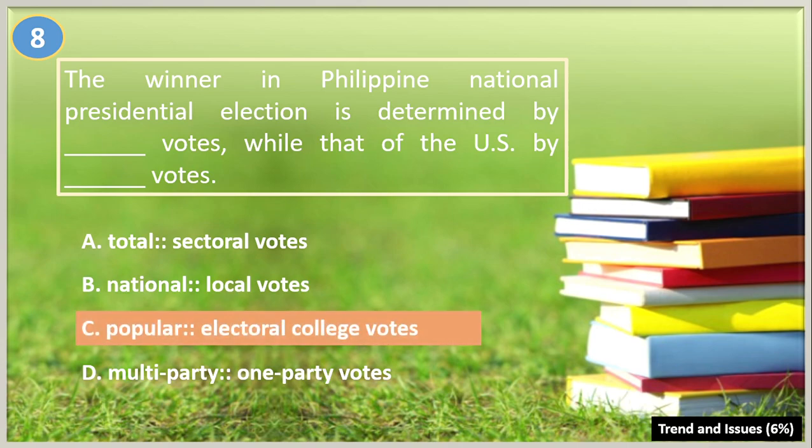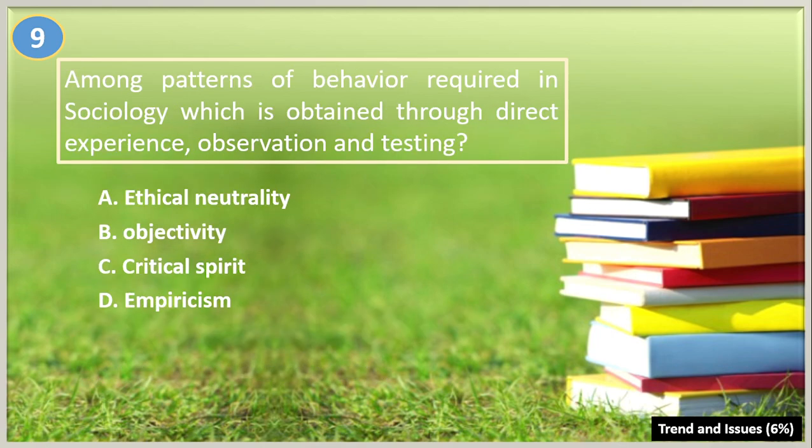The answer is letter C. Popular electoral college votes. Let us read the question again. The winner in the Philippine national presidential election is determined by popular votes, while that of the US by electoral college votes.